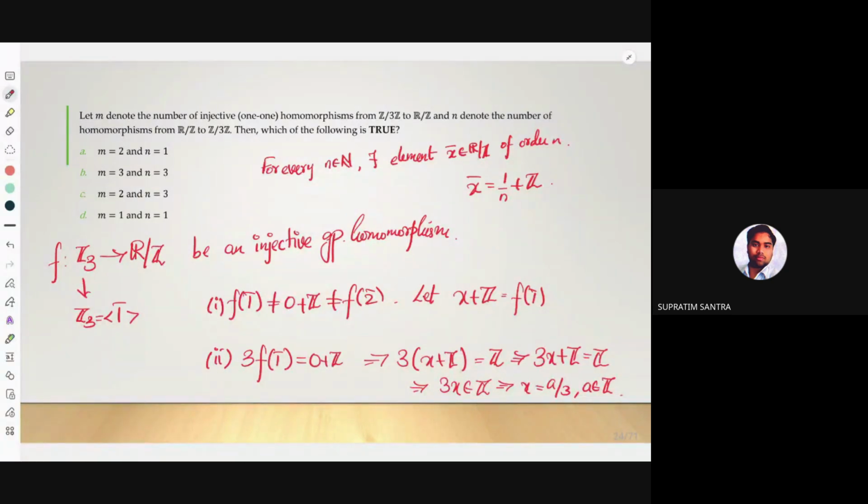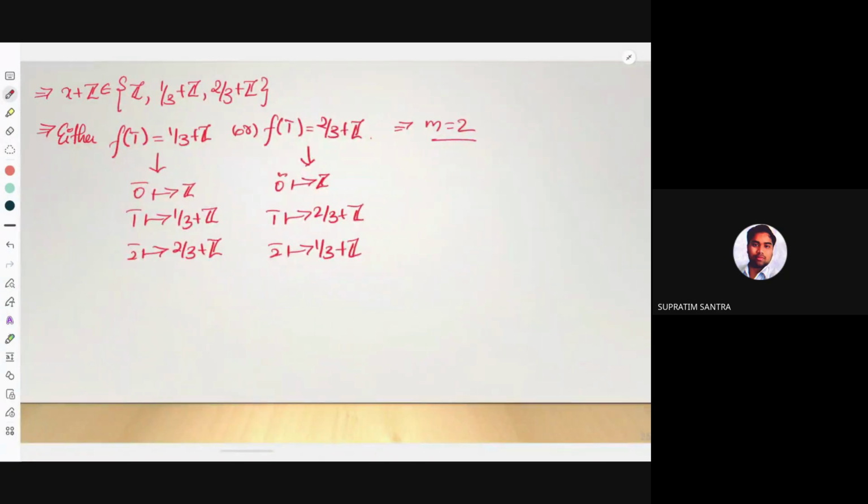Now let's look at N. N denotes the number of homomorphisms from R mod Z to Z mod 3Z. Okay, fine. f from R mod Z to Z mod 3Z is a homomorphism. Nothing else we are given. Injective, surjective, no restraints.